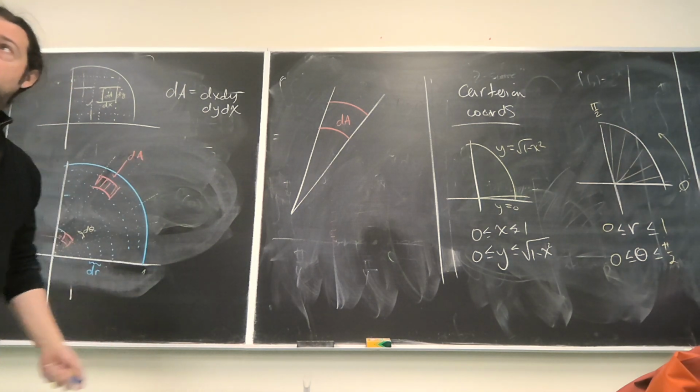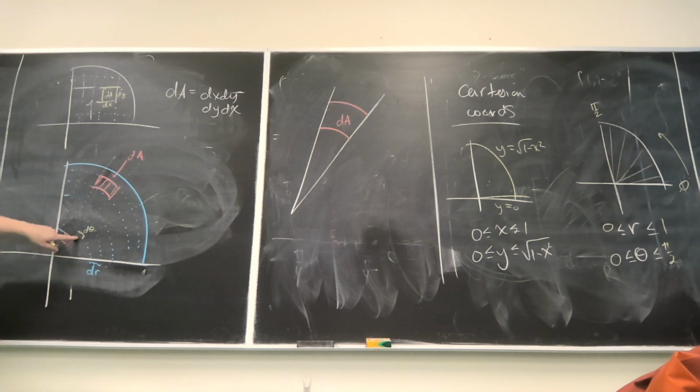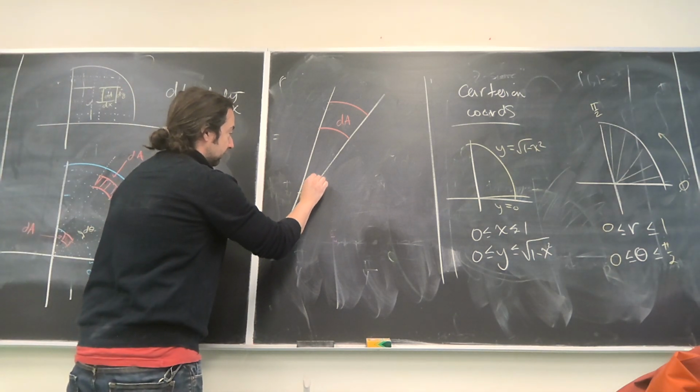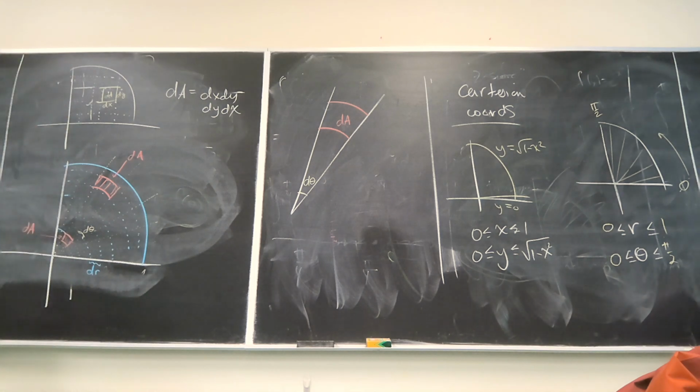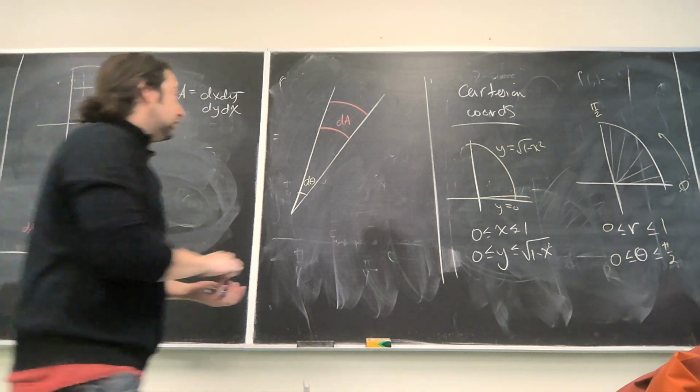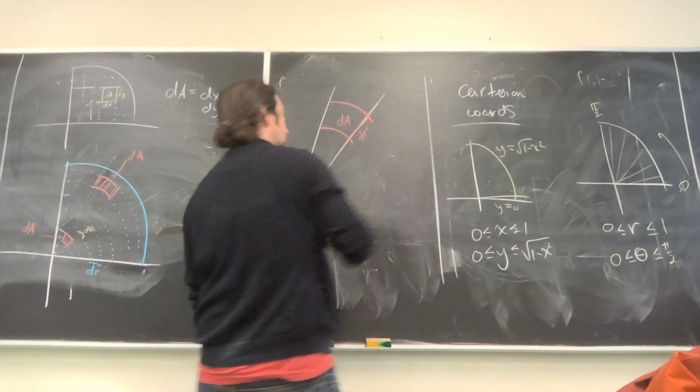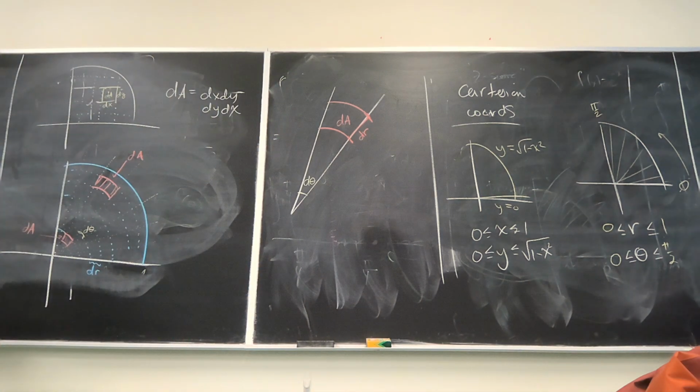What do I actually know in the picture? I know that d theta is supposed to be this little tiny change in angle down here. And this distance right here, from this point to this point, is supposed to be dr, a little tiny change in radius.